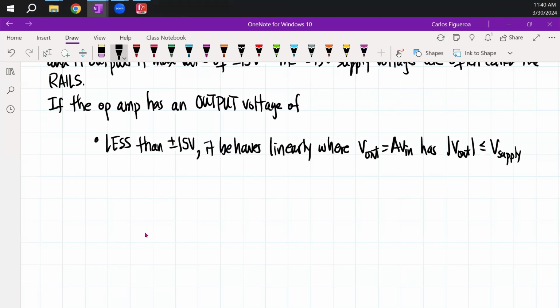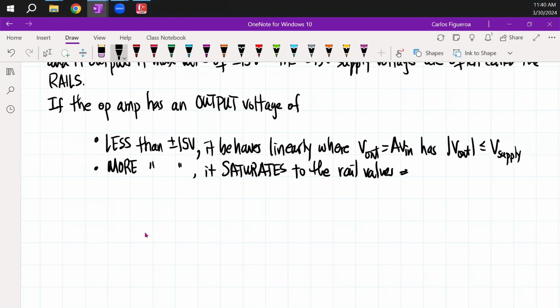And in this case, it's 15 or negative 15. If it's more than the supply voltage, it saturates to the rail values.